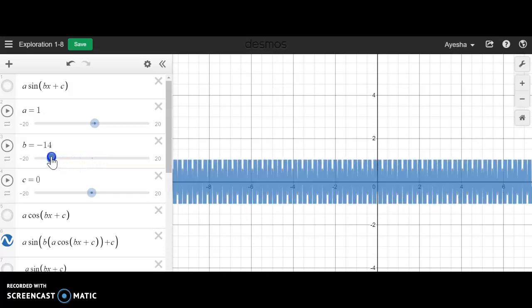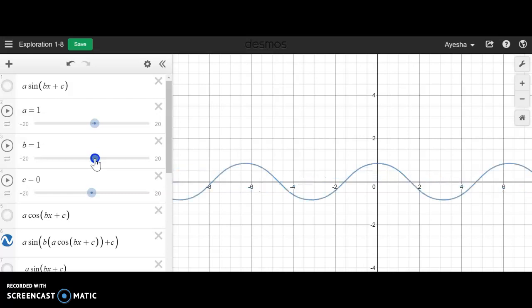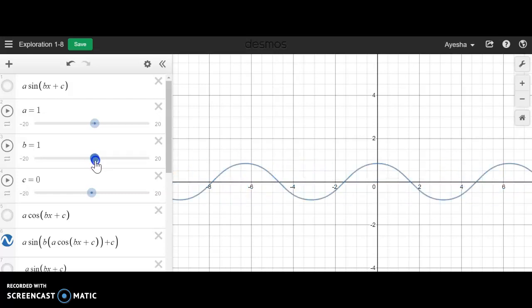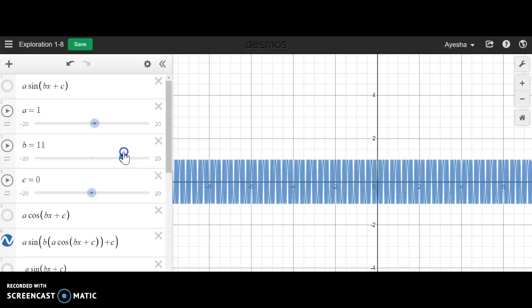And again, we have the absolute value factor, where the sign of B doesn't necessarily matter, it's the absolute value. And the higher the number seems to be, the more waves we have per period, or per cycle.